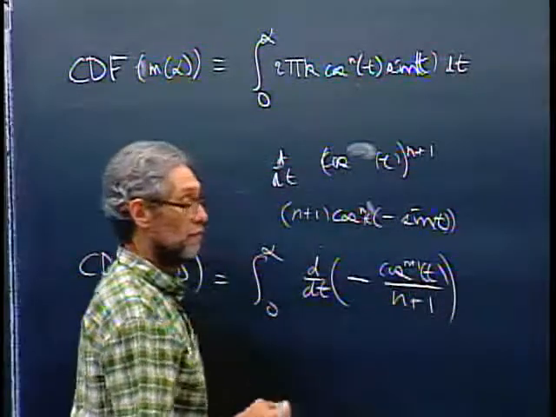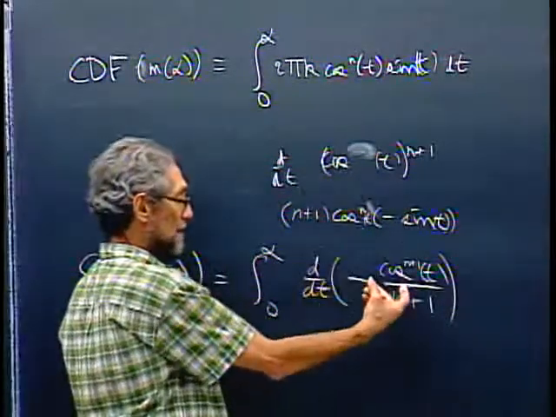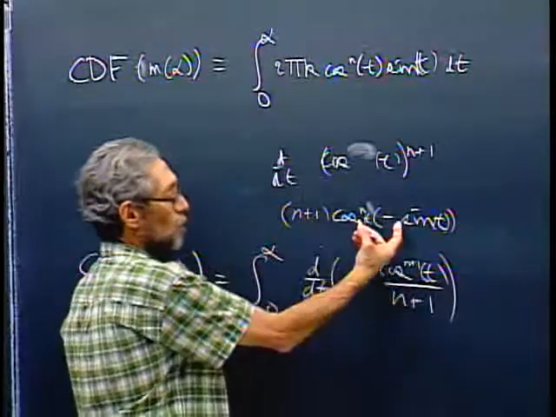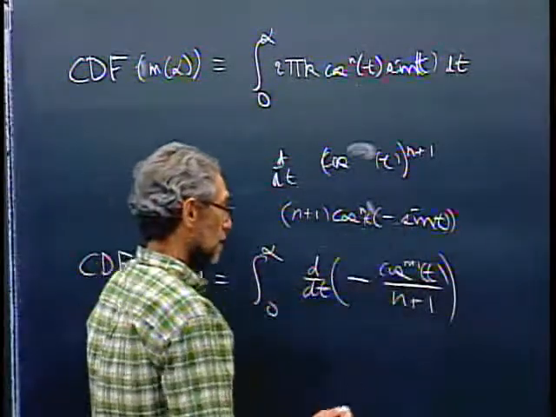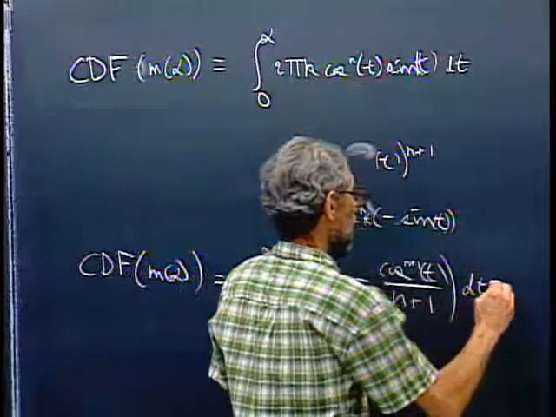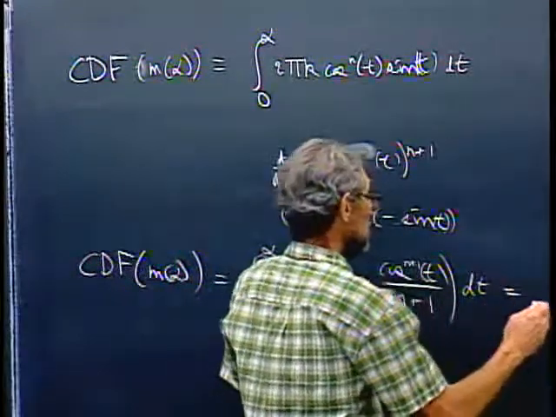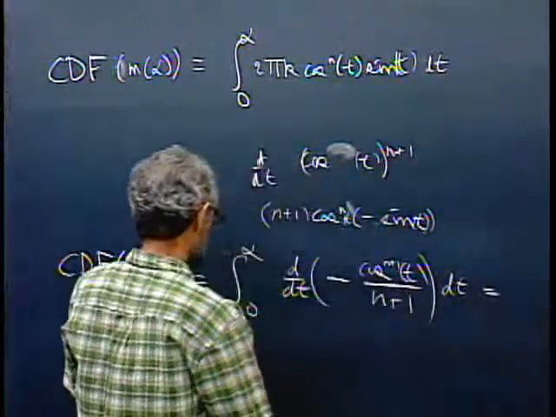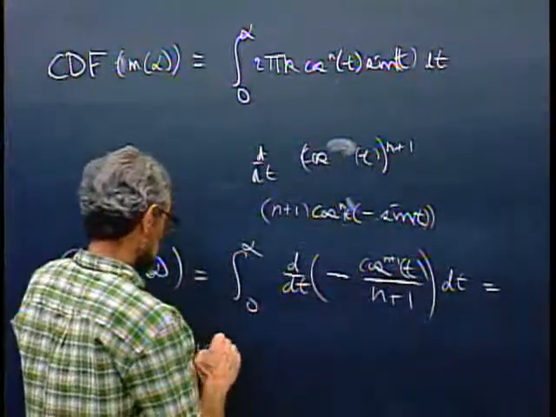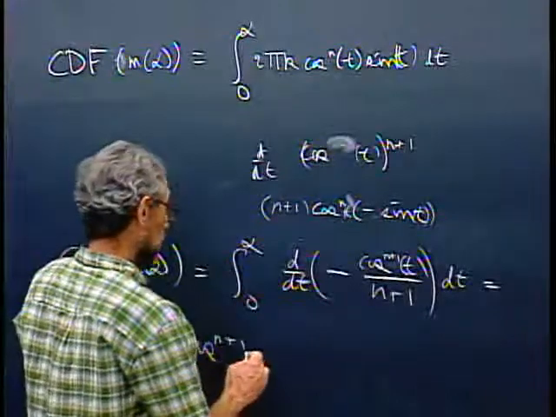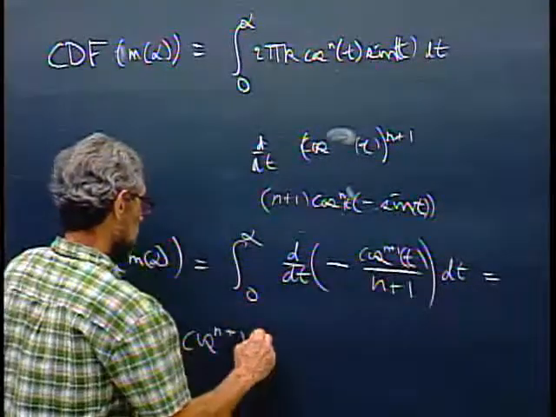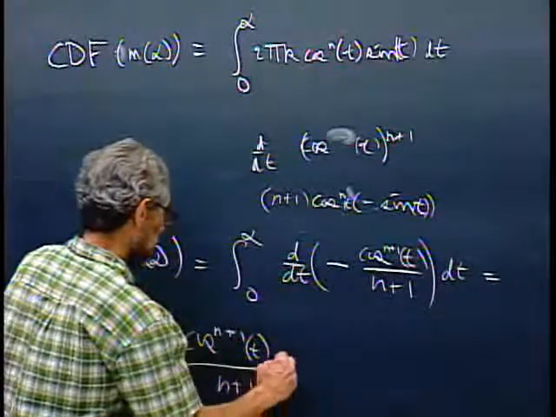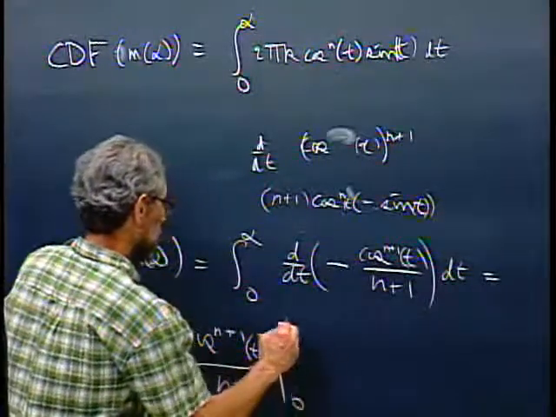Because I took this derivative, and then I had to see how I have to fudge this to give the integrand without the n plus 1 and without this minus sign. So this is the integral, and what that is is minus cosine to the n plus 1 of t divided by n plus 1, evaluated between 0 and alpha.